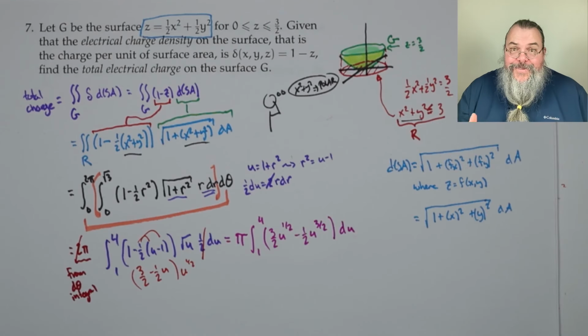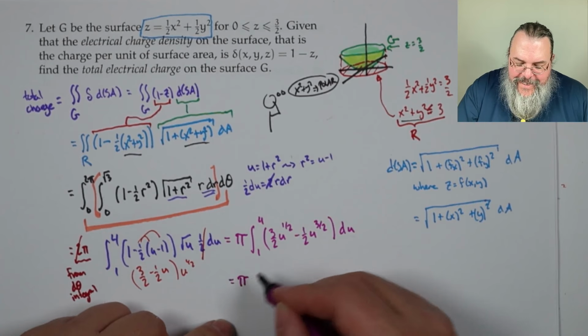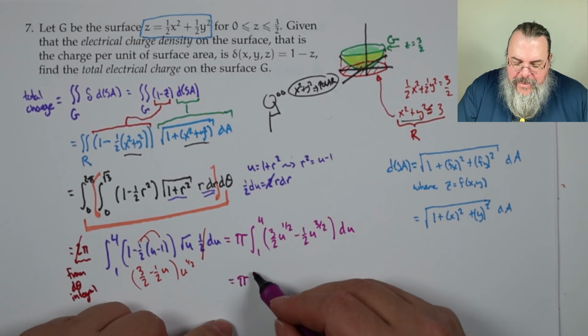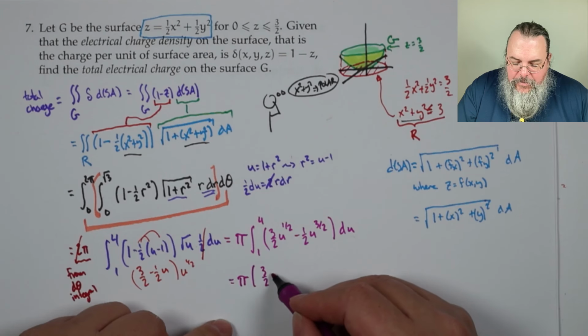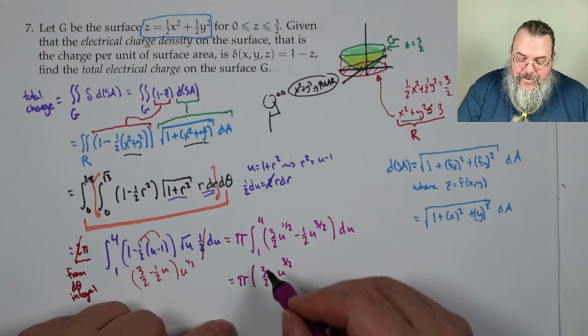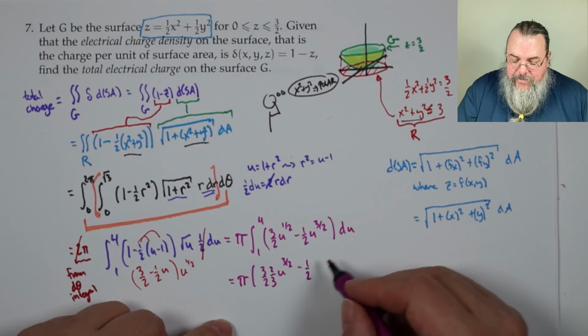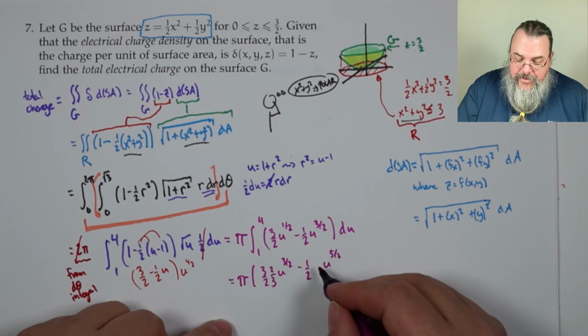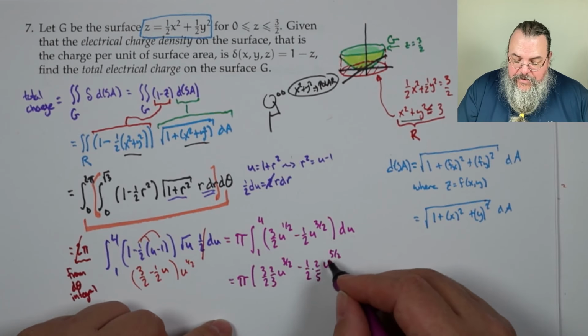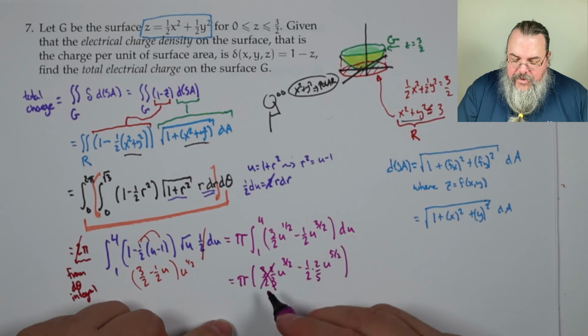And we're almost there. We're so close. So this is pi. Well, when we integrate, we get 3 halves u to the 3 halves, and then multiply by the reciprocal, which is 2/3, minus 1 half u to the 5 halves, multiplied by the reciprocal of 2/5. All right, the 2/3 and the 3 halves cancel.